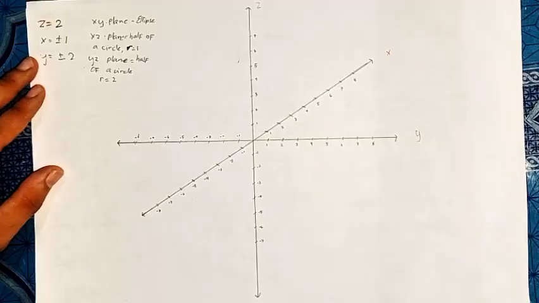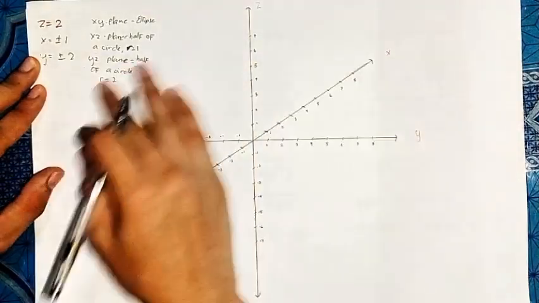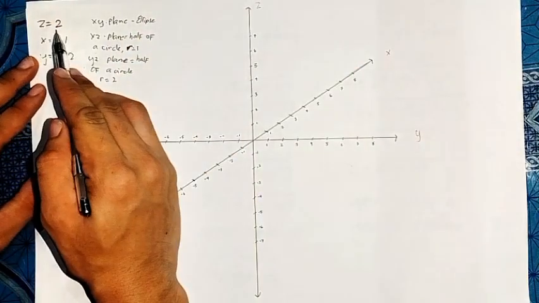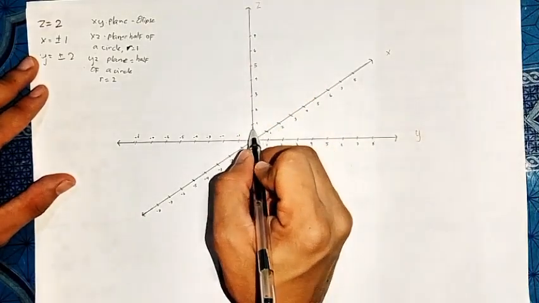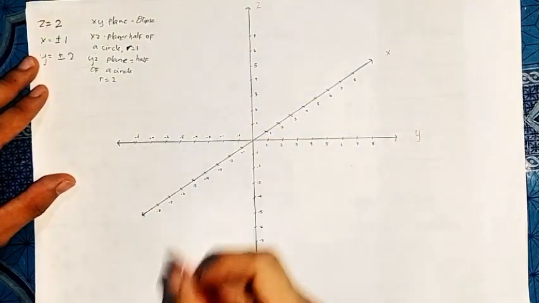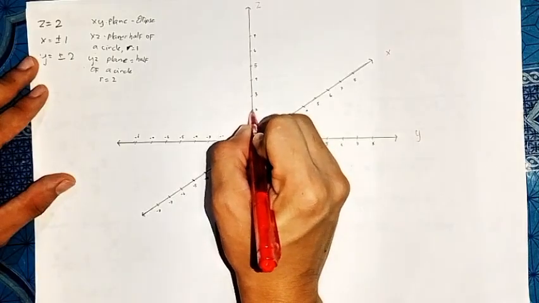Now, let's put first the intercept. So z is equal to 2. Since this is our z, so 1 and 2. So z is equal to 2.